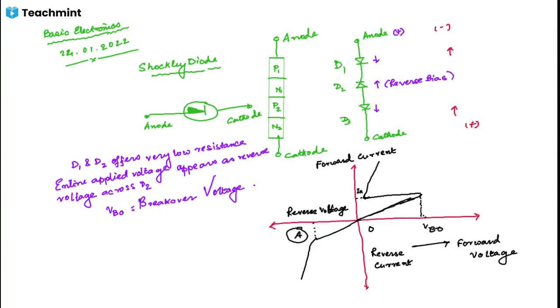So what are the names? The names are: PNPN diode, this is the first name. Four-layer diode. Or it can be called reverse blocking diode thyristor.